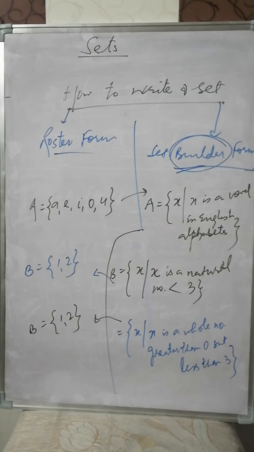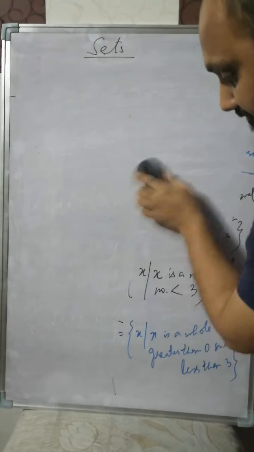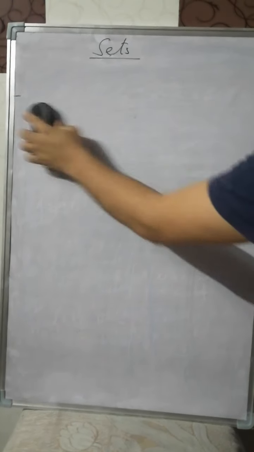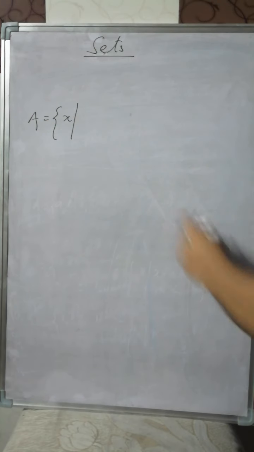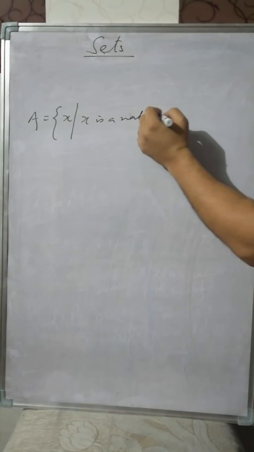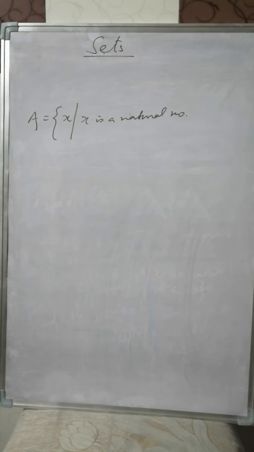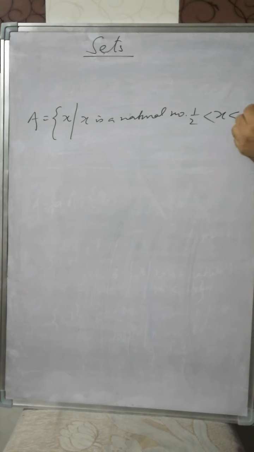So if you talk about converting the roster form to the set builder form, some interesting examples are there, like a set A is given to us: x such that x is a natural number and x lies between 1 by 2 and 5 by 2.